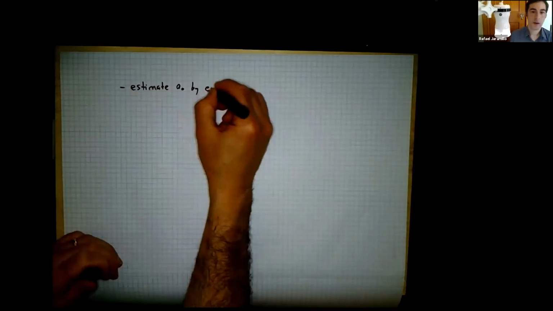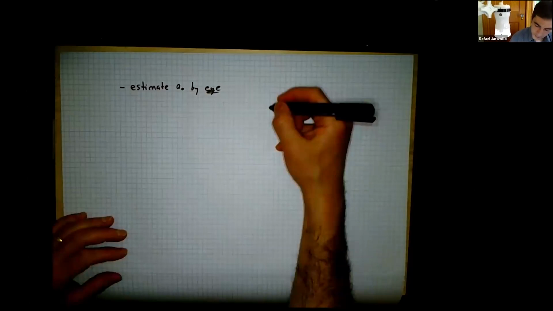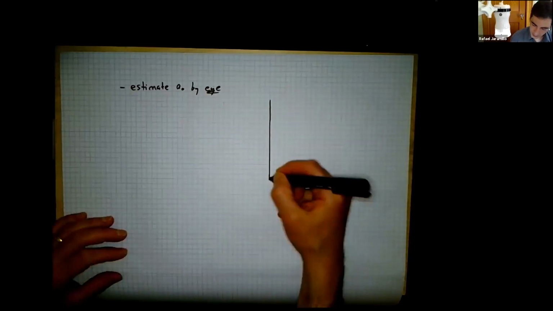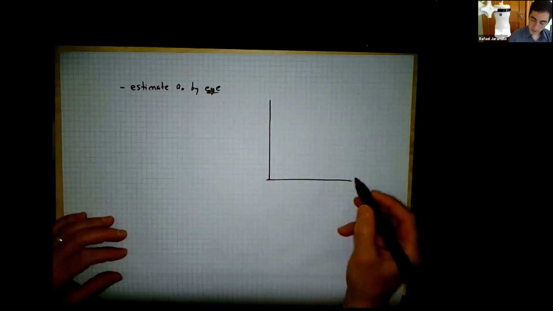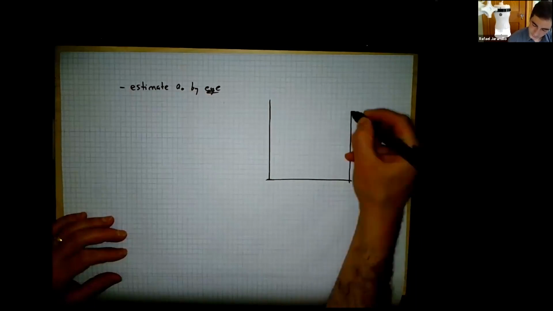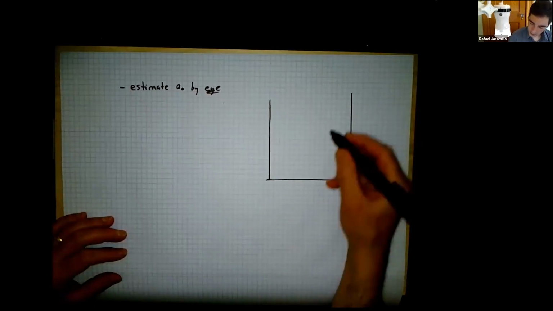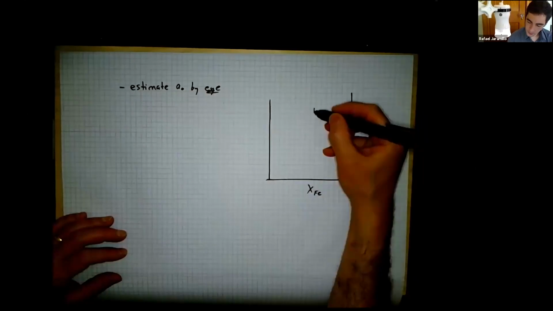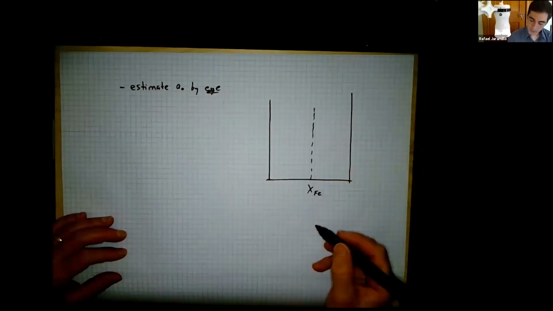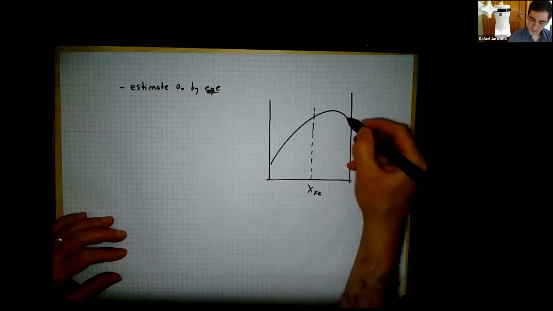I'm going to do it by eye. It's quicker. I could export it and fit it in MATLAB, but I'm going to do it by eye. This is X Fe. Right around 50-50 is kind of a special point. The data kind of looks like that. This is enthalpy.